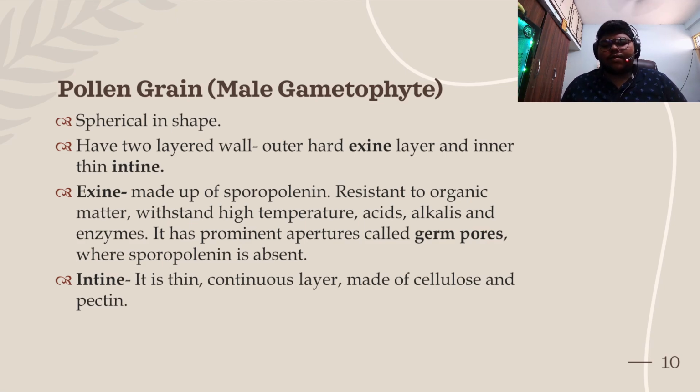It has a prominent aperture called germ pore, where sporopollenin is absent. Intine is a thin continuous layer made up of cellulose and pectin.